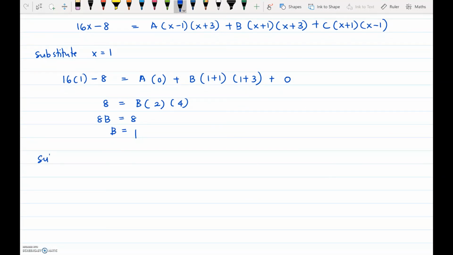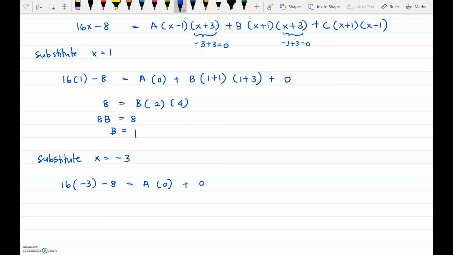Okay, continue with the similar step. We want to substitute x = -3, for example, to eliminate the factor x + 3. Now we have 16 times -3 - 8 equals a times, which will be 0 because -3 + 3 will be 0, plus b term, this is also 0, and then plus c times (-3 + 1)(-3 - 1).